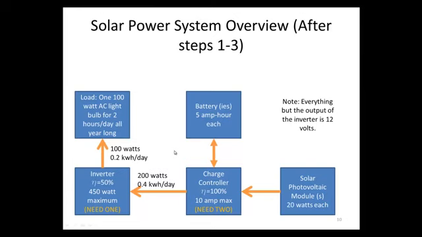We also found that when the light bulb's on, the inverter is drawing 200 watts from the charge controller, and the energy it uses coming from the charge controller is 0.4 kilowatt hours per day. So what that means is we need to supply either from the battery or from the solar module that 0.4 kilowatt hours per day. So that's what we're going to talk about next, is how we can do that.